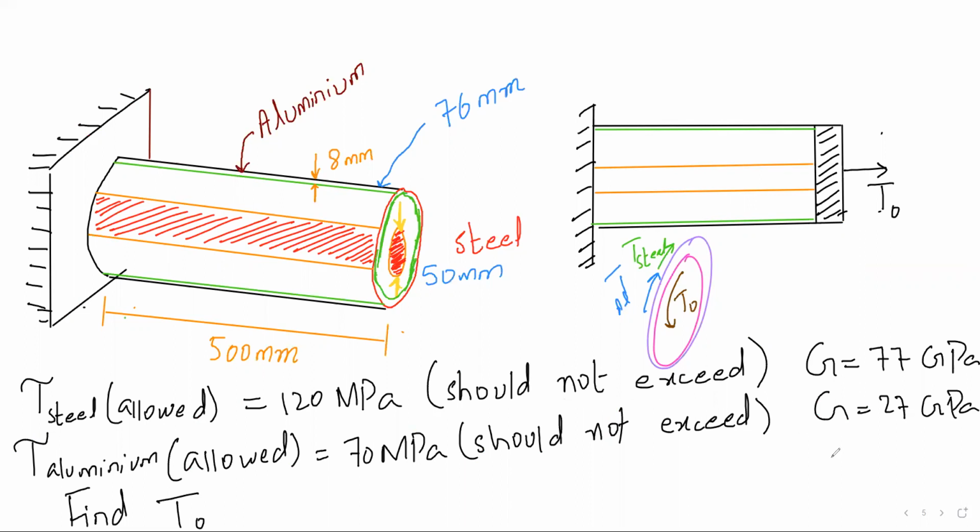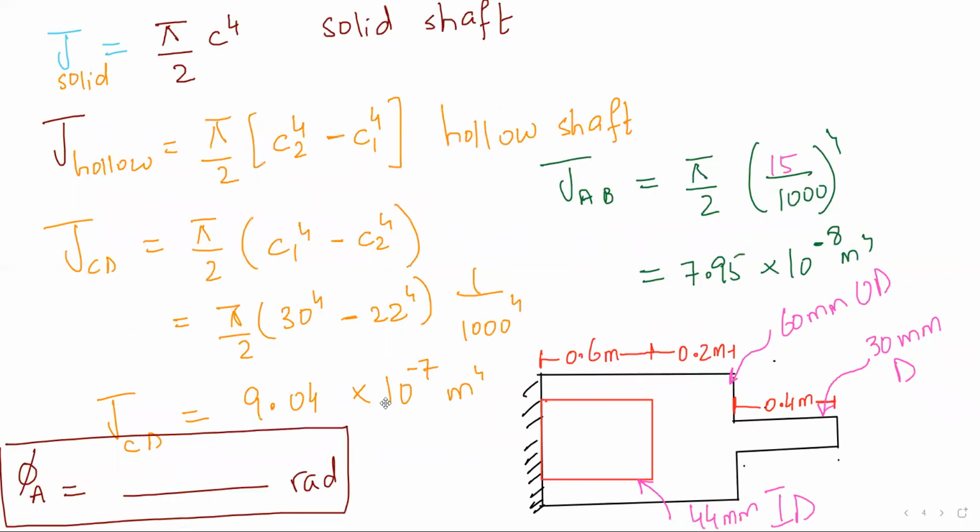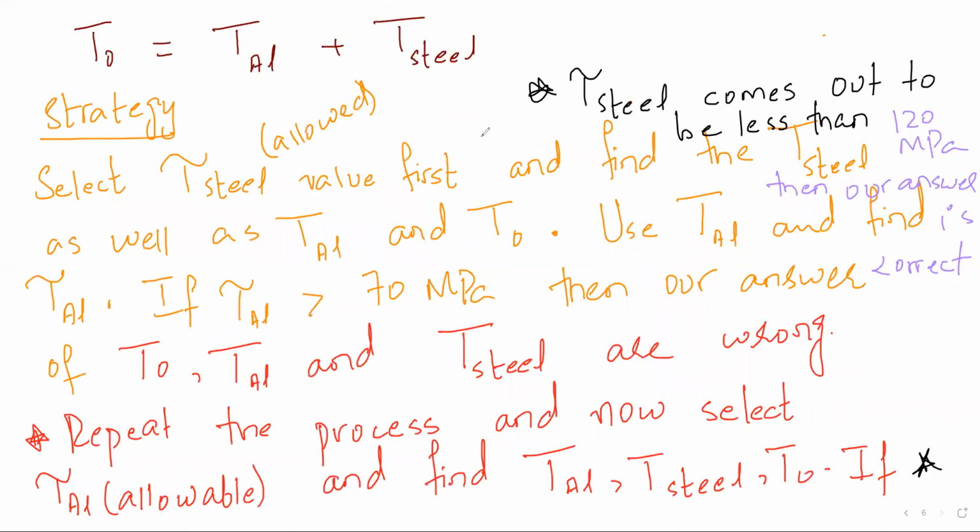The answer to his question is, this is one, and the second equation is T AL L over G J is equal to T, AL means aluminium, I'm sorry.